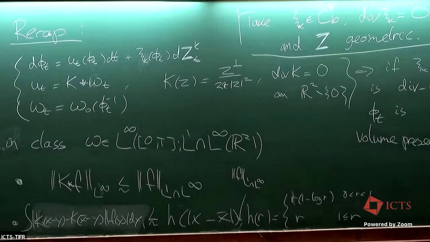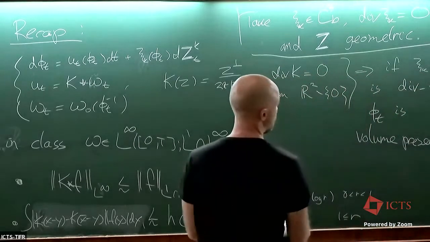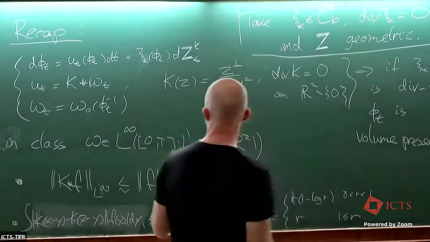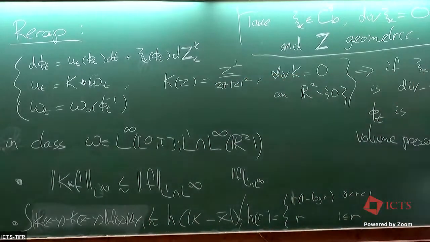All right. So now the only thing that's left is to prove existence. Just leave this be here. Okay, existence. So the strategy will be, since Z is geometric, that we will smooth out the path and construct a sequence of approximating solutions.